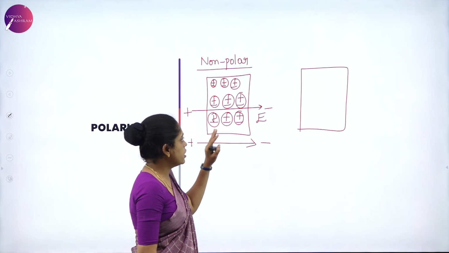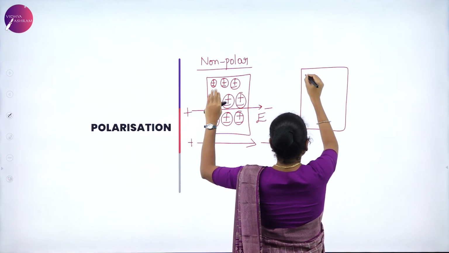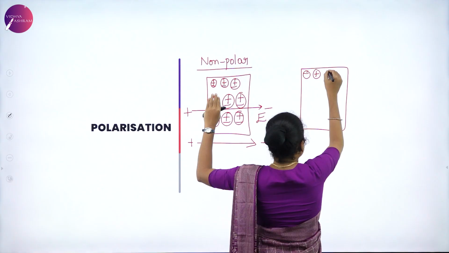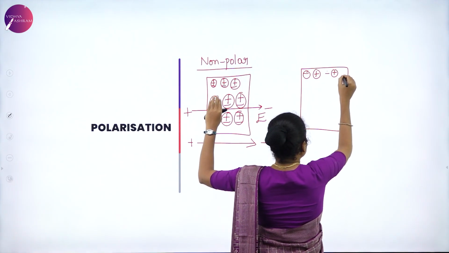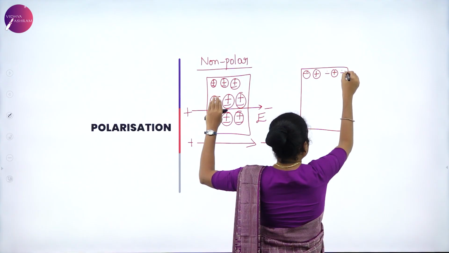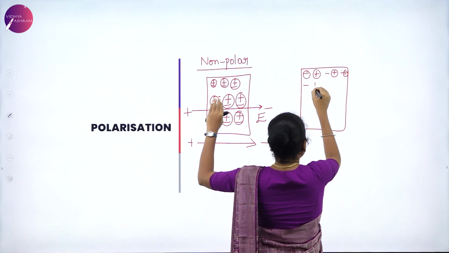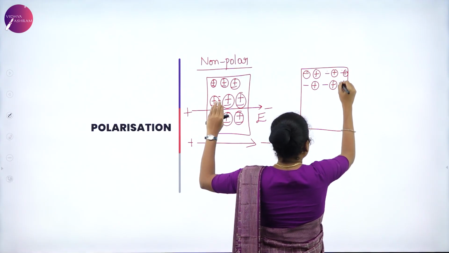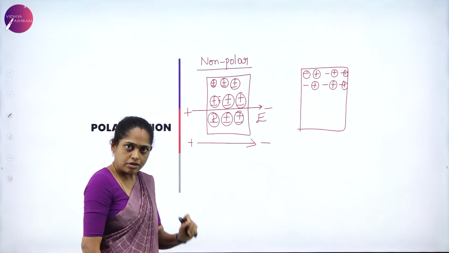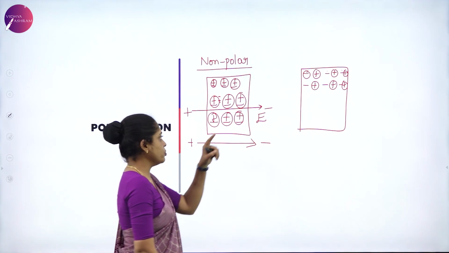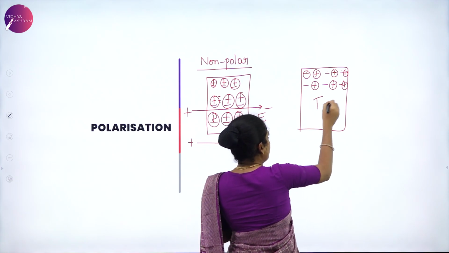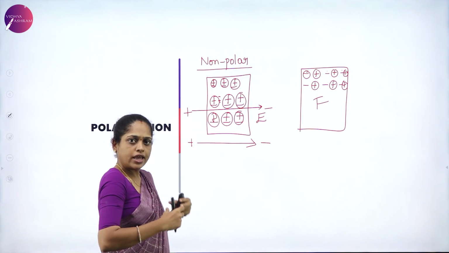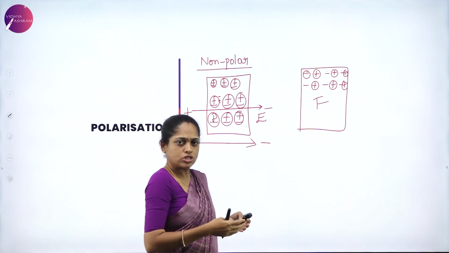Because of this external electric field, the molecules start to separate. Negative charge, positive charge, negative charge, positive charge. Because of the electric field, they experience force and separate such that the negative charge sits next to the positive charge.